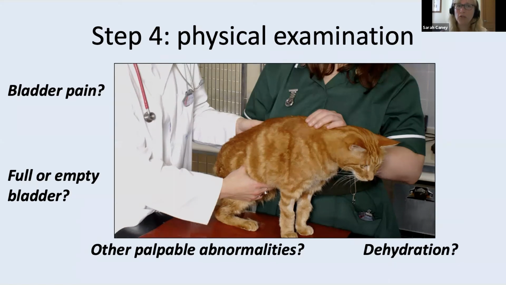And of course, importantly for cats with urinary signs, we want to make sure that the cat is able to pass urine, that it hasn't got a blockage, which is very much a life-threatening emergency. But we want to build up as many clues as to what's going on, and also see whether the cat needs any urgent care, whether that's fluid therapy or help with a bladder blockage, for example.